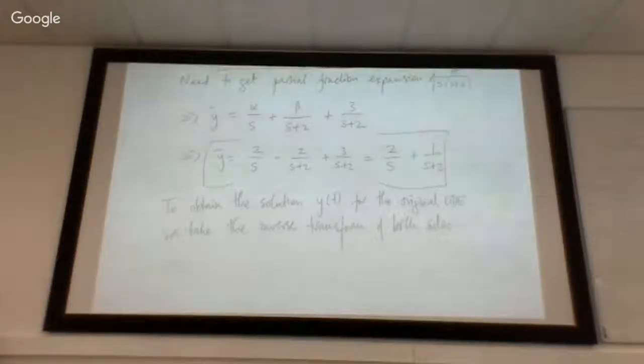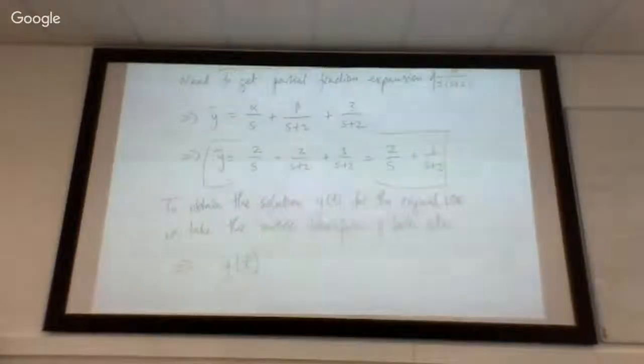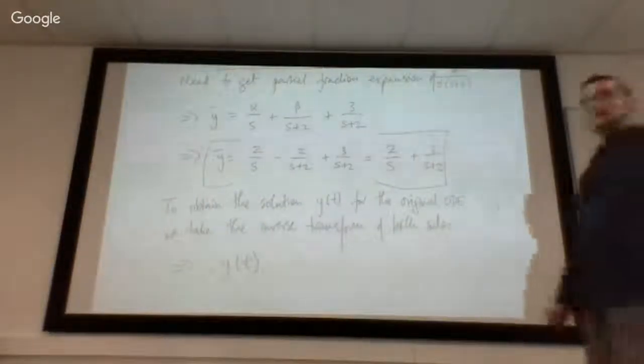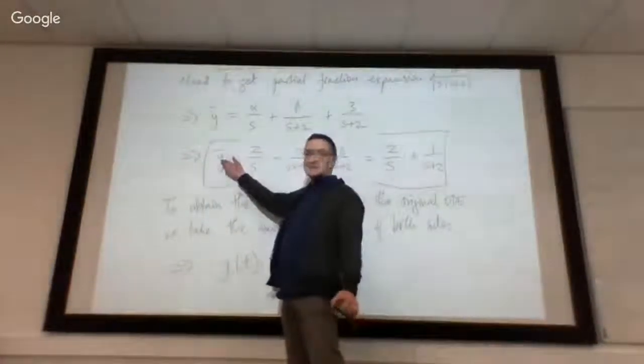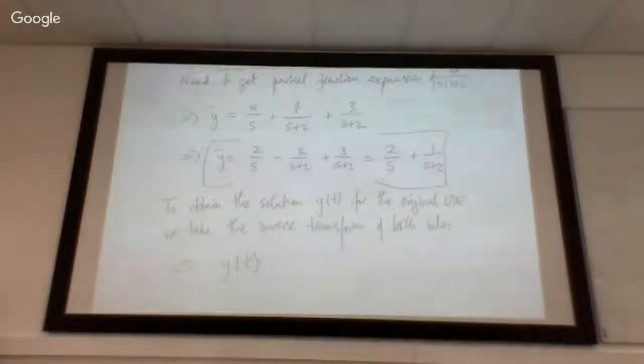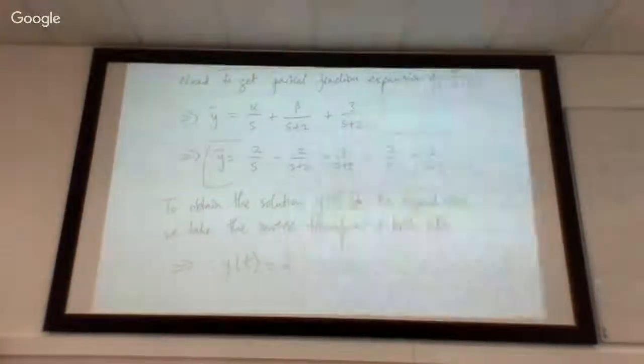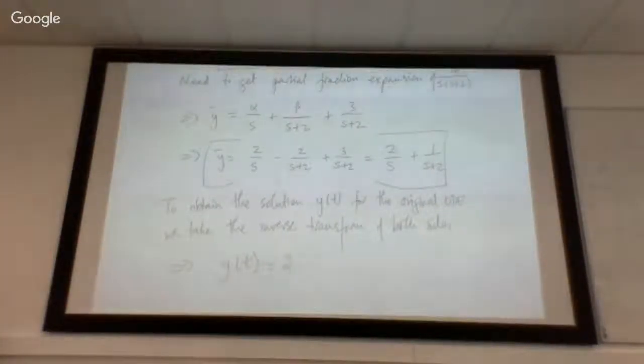So this will imply that when you take the inverse transform of the left-hand side, you just get the function y of t, because y bar is the transform of y. You take its inverse transform, you just get back to y. And the transform of 2 over s is the constant 2, and the transform of 1 over s plus 2 will be e to the minus 2t.